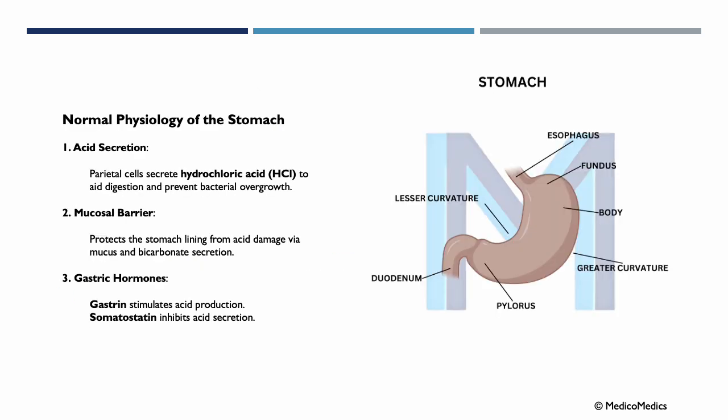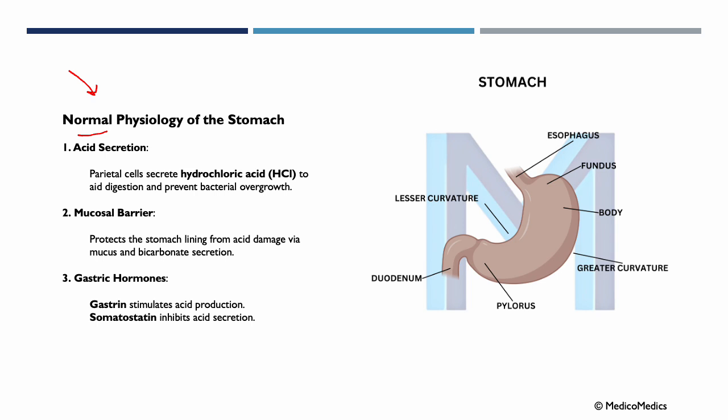Now, before we dive deeper into the pathophysiology of H. pylori, let us briefly review the normal physiology of the stomach. Under normal conditions, the stomach is a highly acidic environment, and this is essential for both digestion and defense.